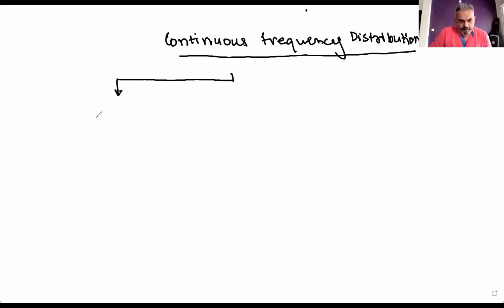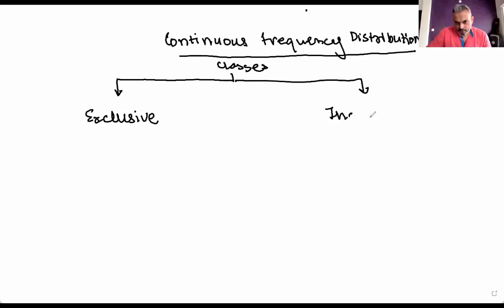One is exclusive and the other is inclusive class, right, over your classes. Now, what exactly is inclusive and exclusive? Let's understand it.